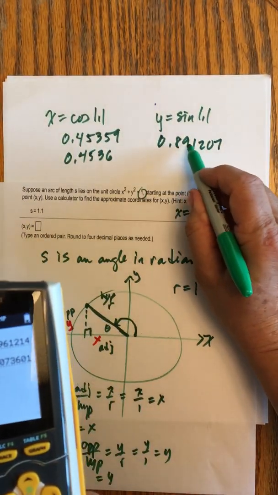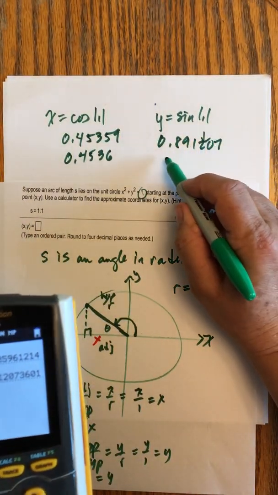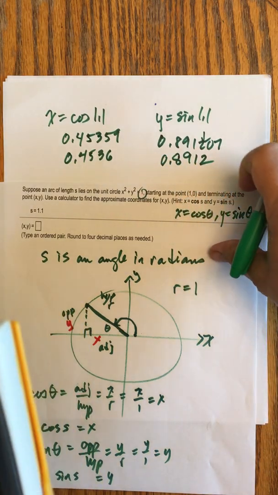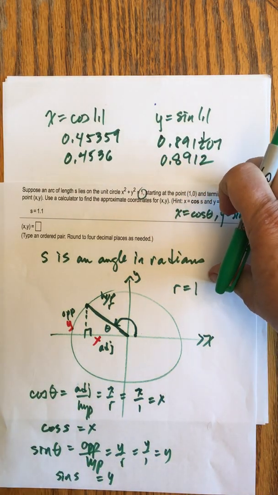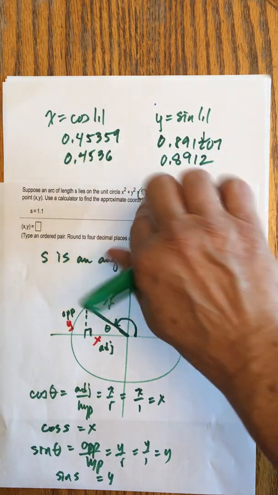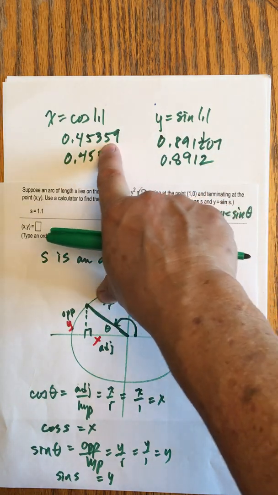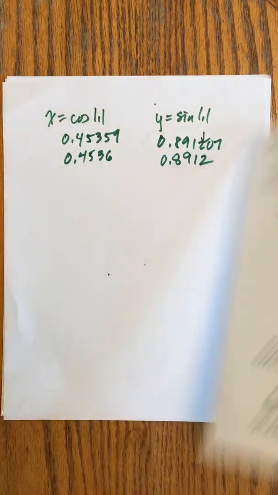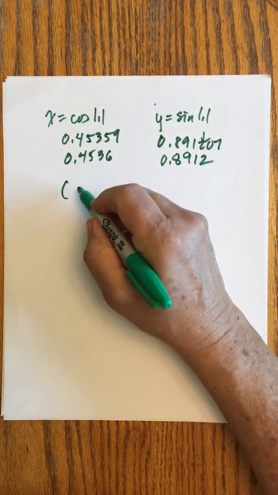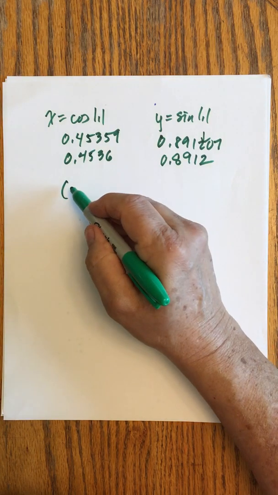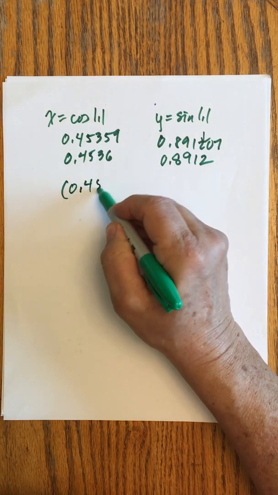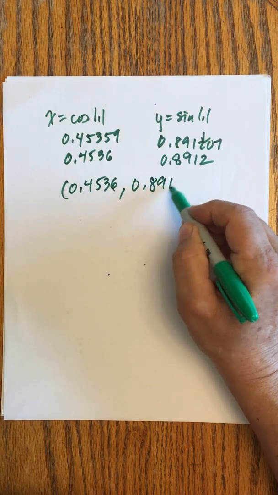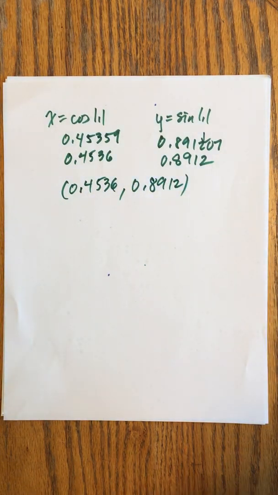But here we go, first, second, third, fourth. I have to figure out how to round. Looks like the 0 rounds the 2, it doesn't round it up. Just like here, the 9 rounded the 5 up to 6. So I would enter into the software 0.4536 and 0.8912.